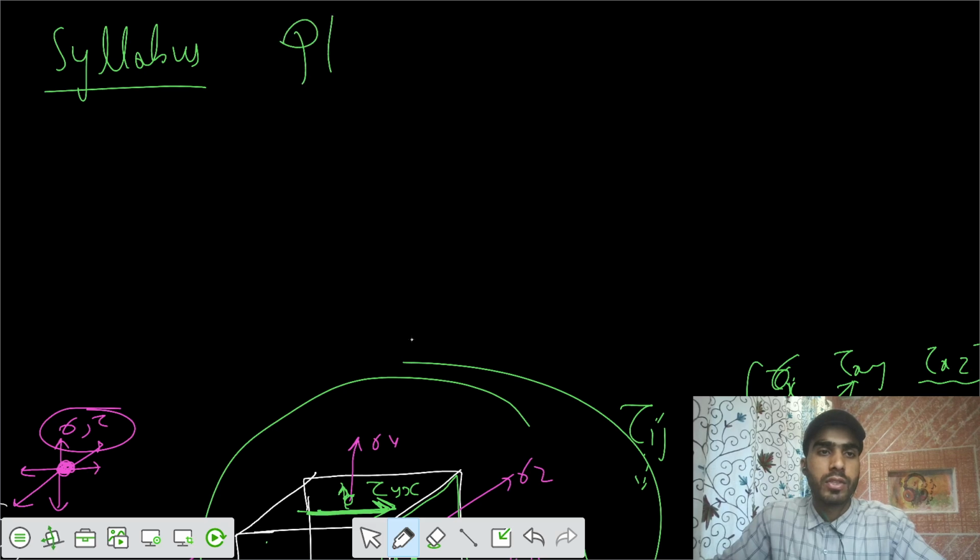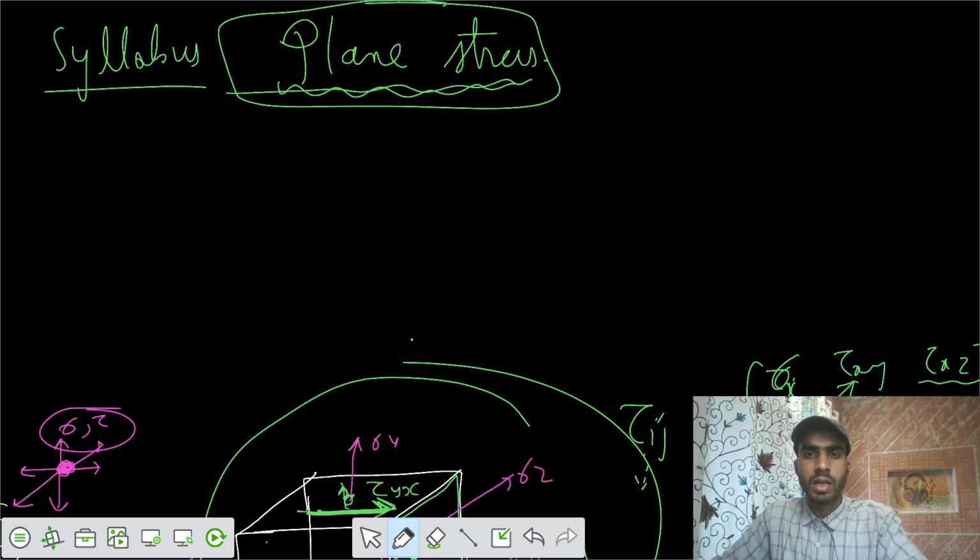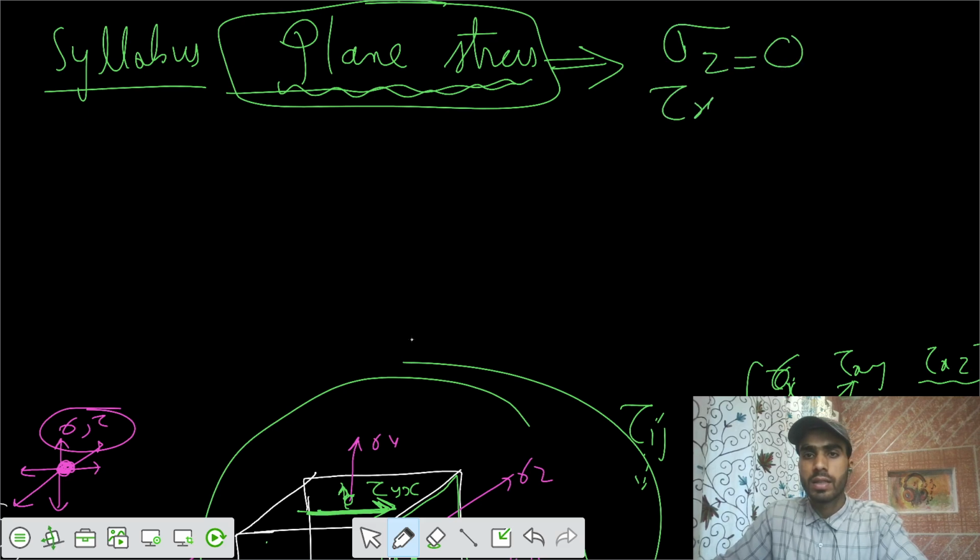So our syllabus is restricted to what we call the plane stress condition. That means you are applying stresses only in one particular plane. That means your sigma z is 0, tau xz is 0, and tau yz is also 0.